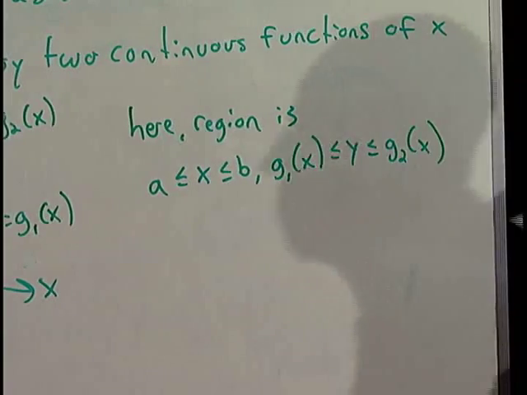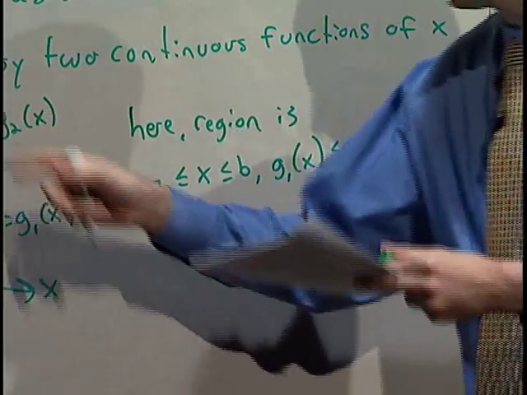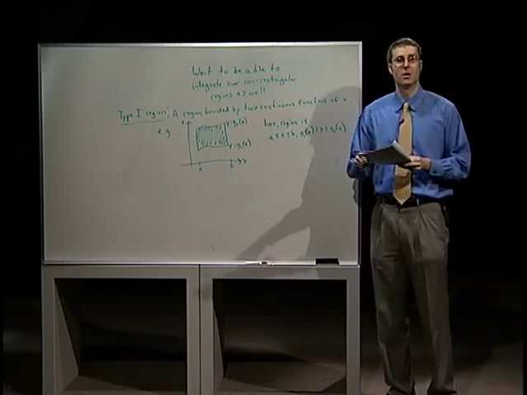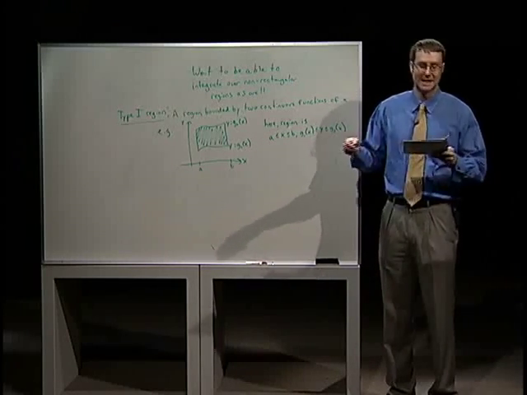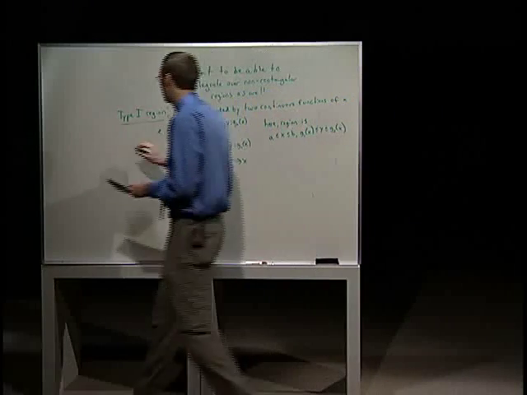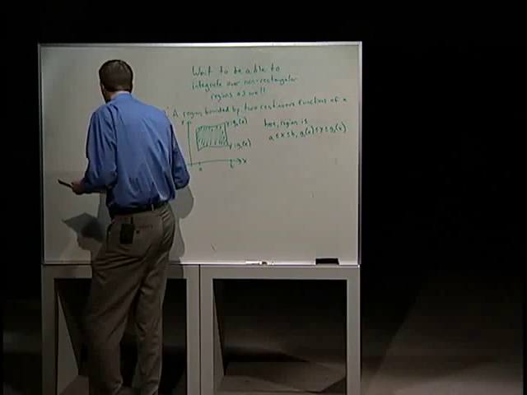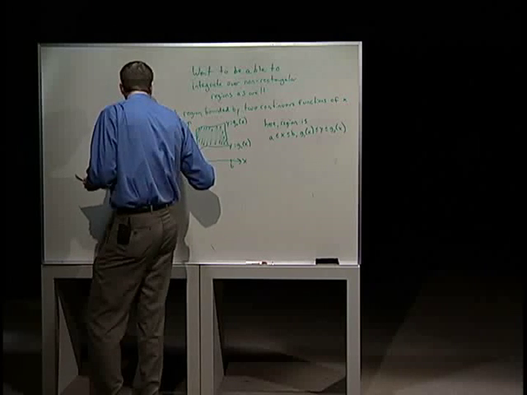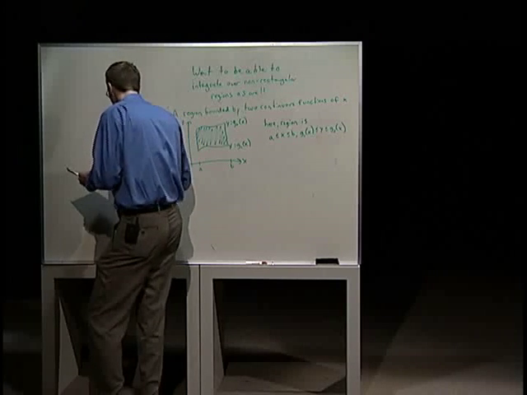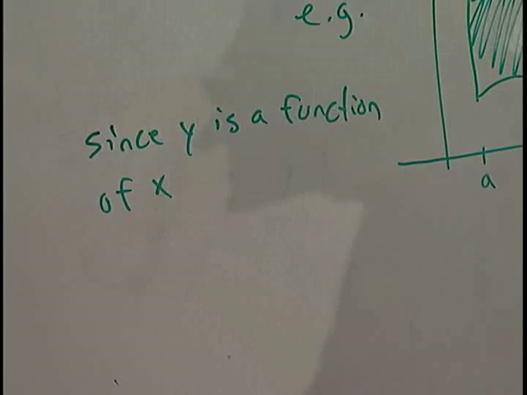And so since we have y being a function of x, we're going to integrate first with respect to y to get rid of all the y's, then we'll integrate with respect to x. So since y is a function of x, right, our plan is integrate with respect to y to get rid of the y's, then do the x's, right?